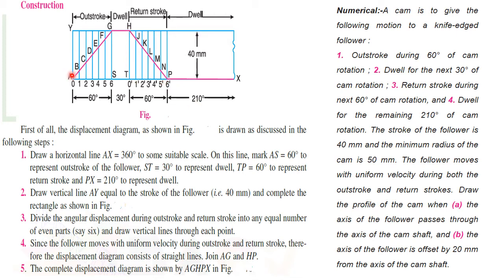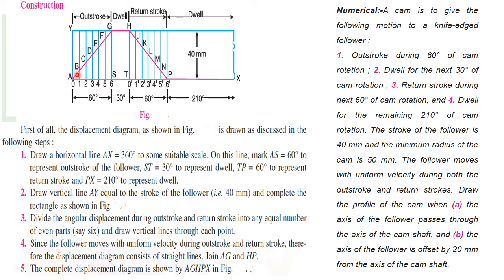Or another way, we have drawn a semicircle, and the semicircle diameter is 40 mm. The semicircle is divided into 6 equal parts, and draw a horizontal line.